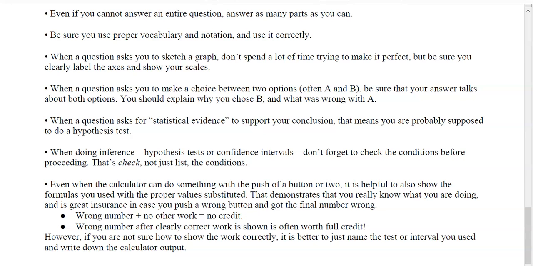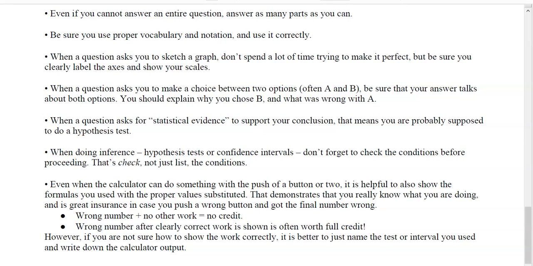If they ask you which would be right, this or this, or what's going to happen here, I can't think of an example off the top of my head right now, but students tend to just use their own common sense to answer a question instead of actually using the statistical reasoning that they've been taught in the course.